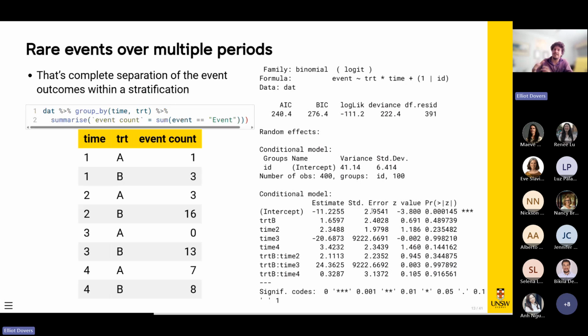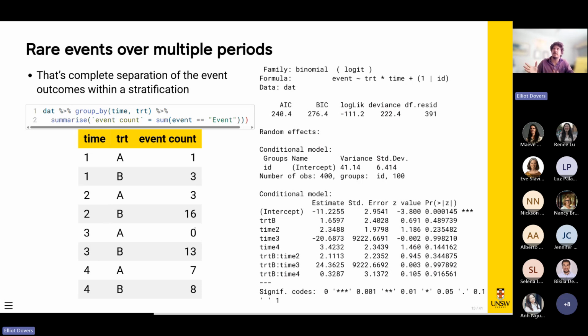It turns out what is happening here is a phenomenon called complete separation of the event outcomes within a particular stratification of our model. You can see here, when I've grouped by my time points and treatment groups and summed up the number of events, that for treatment group A at time point 3, we're getting no events occurring.